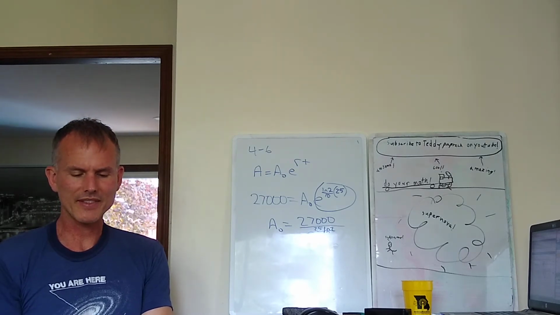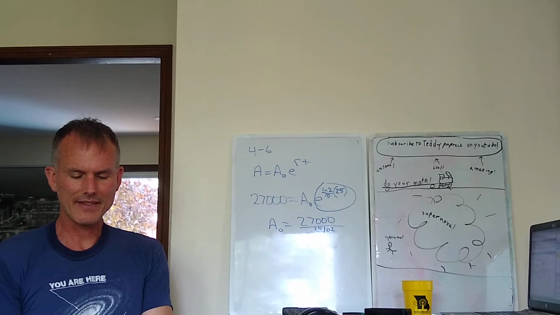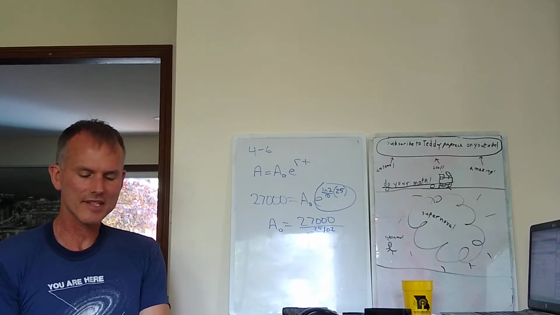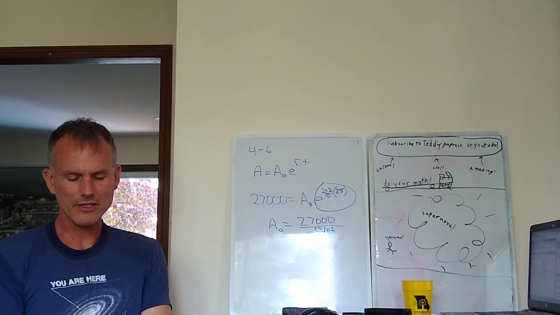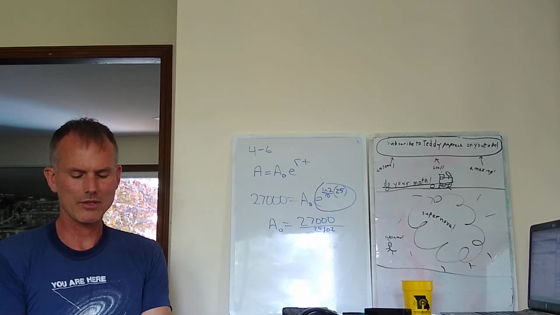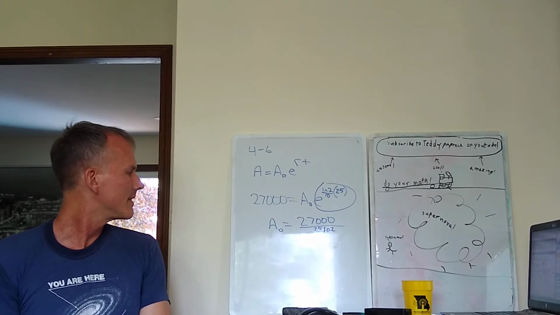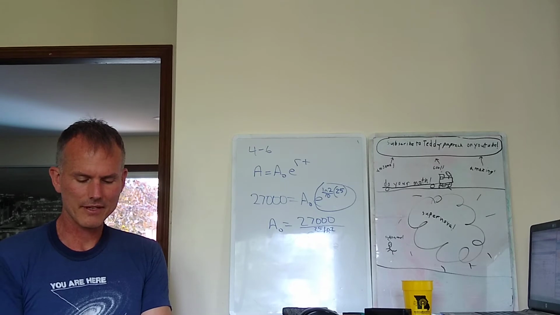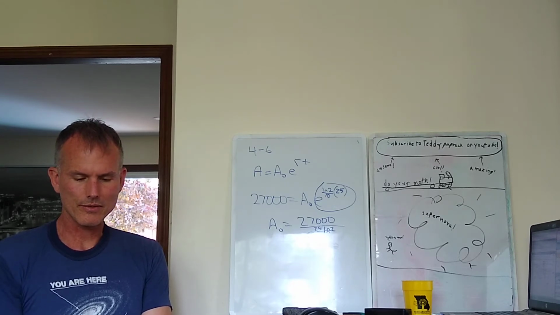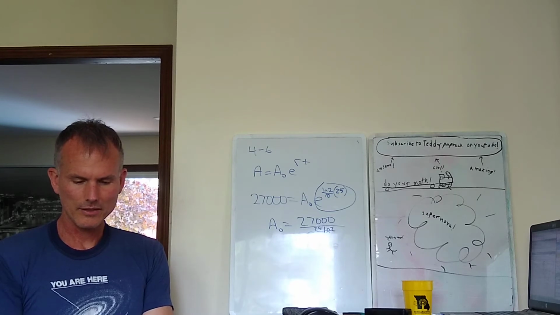So I'm going to type in 27,000 and divide that by, I'm going to open a set of parentheses, and I'll use the e to the x function, which remember that's right above your natural log key. And then that's going to be 25 natural log 2, and then divide by 10, close my parentheses there.